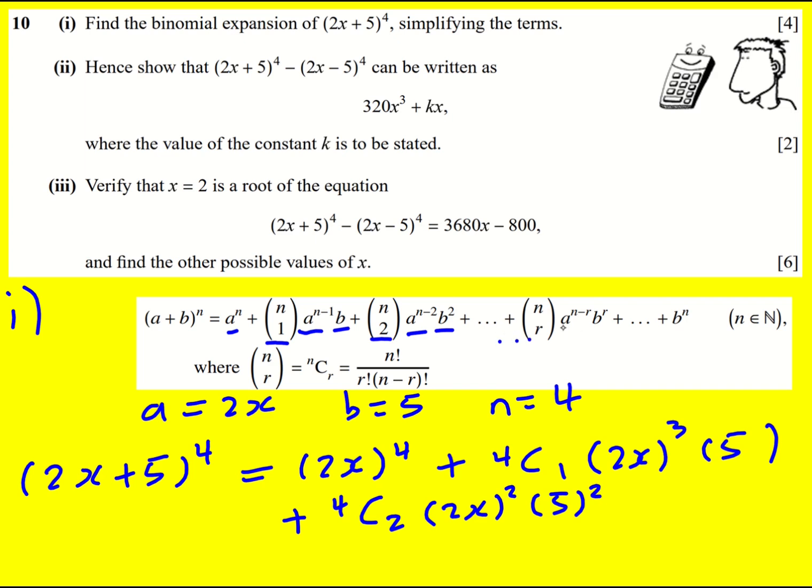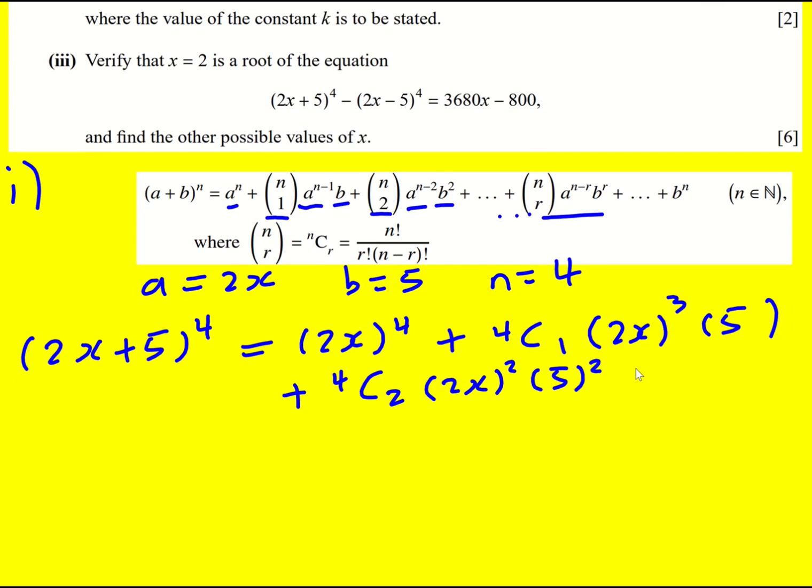And it's dot dot dot because it just carries on in the same way. 4C3 times 2x times 5 cubed. And then finally, it would be 4C4 if you want, but that is just 1. It's the last term now, so it's just going to be 5 to the power 4.